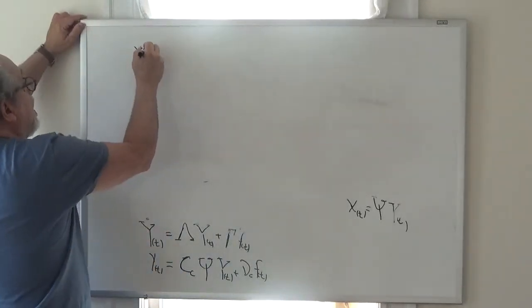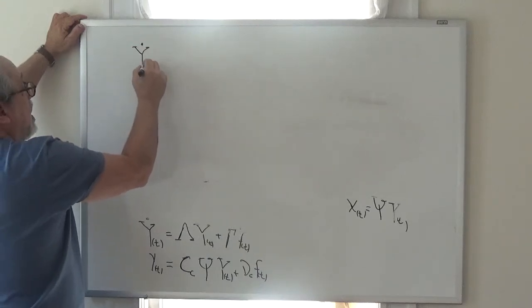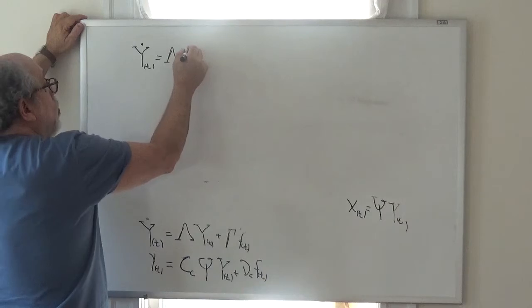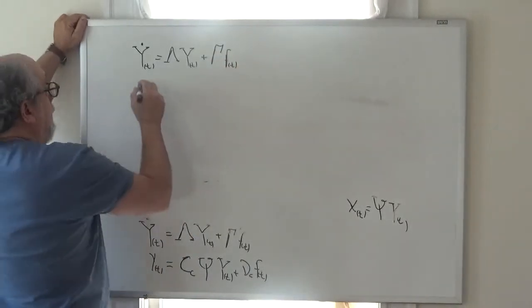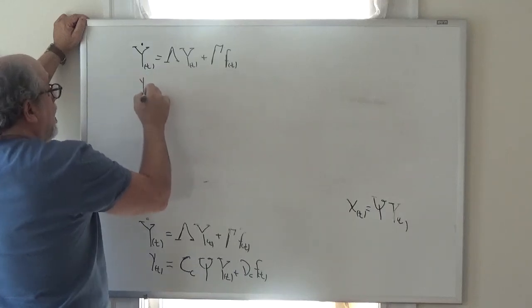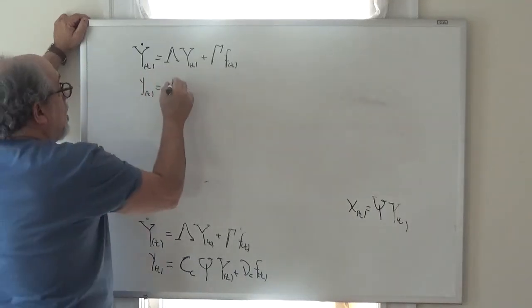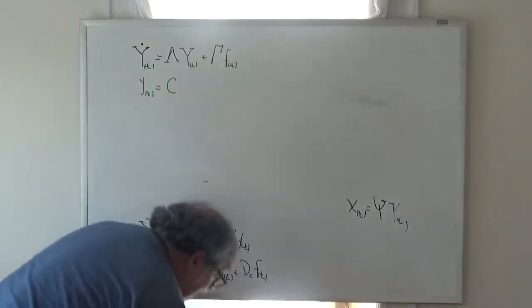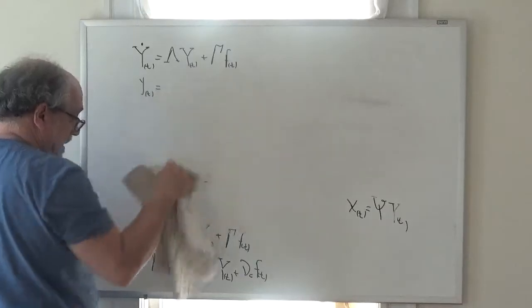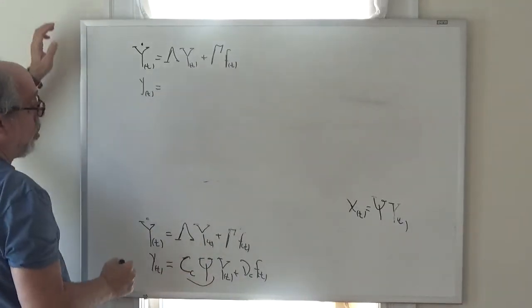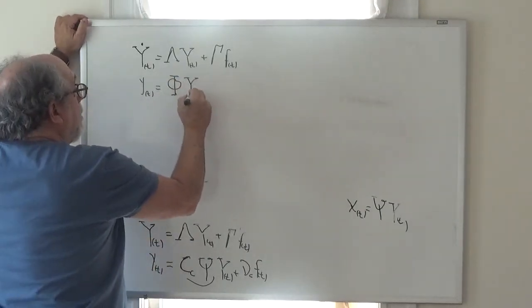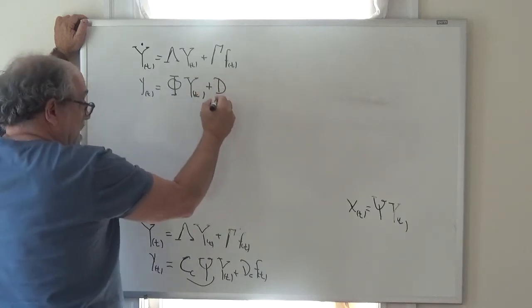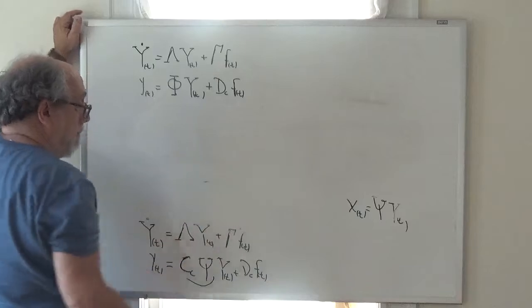So I'll copy them here again. Y dot of t is equal to lambda times y of t plus tau times f of t, and I'm sorry, and y of t is equal to, okay, now instead of C_c times phi, let's call this phi times y(t) plus D_c f(t). Okay?